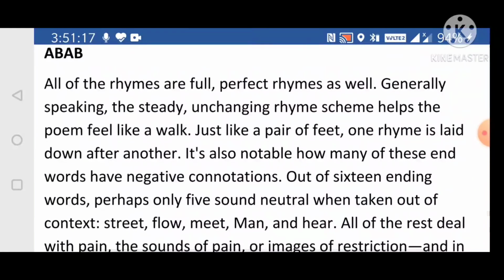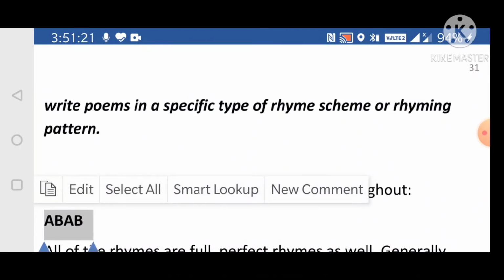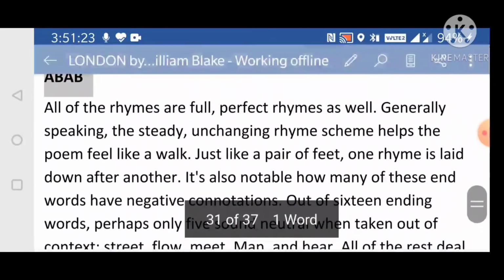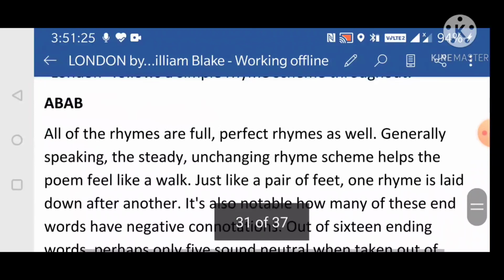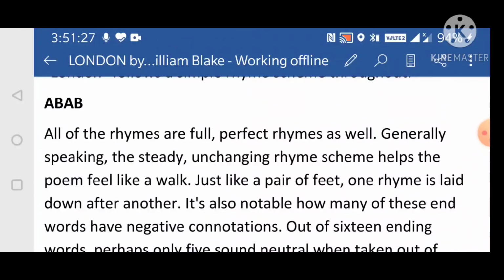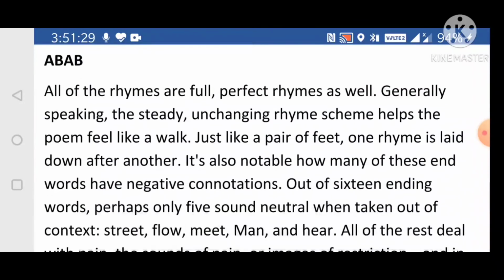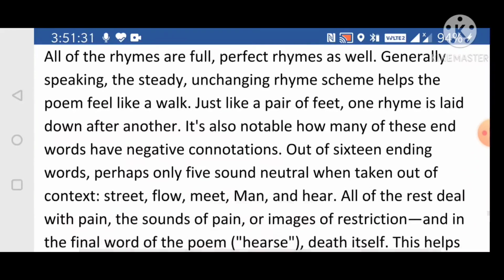Generally speaking, the steady, unchanging rhyme scheme helps the poem feel like a walk. Just like a pair of feet, one rhyme is laid down after another.